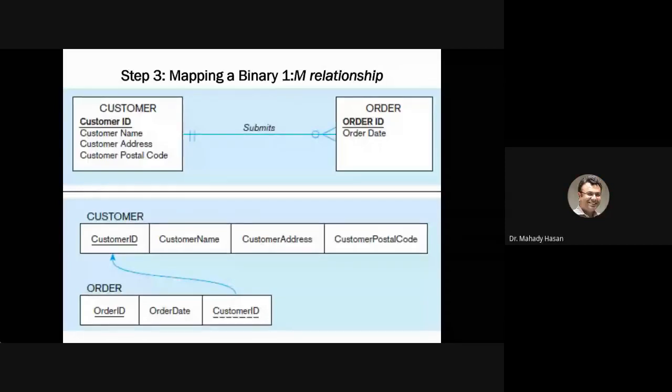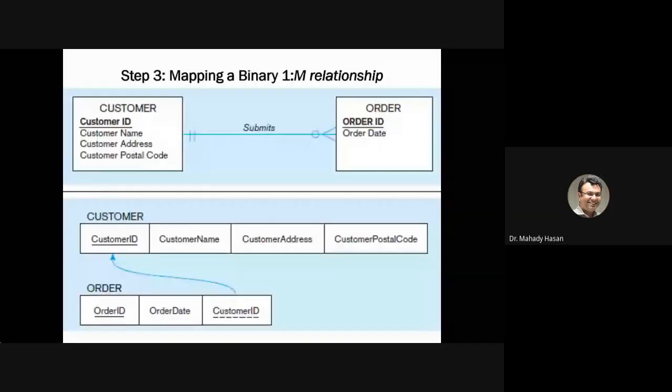So in case of one to many, now the rule: one side's primary key will move to the many side as foreign key. That is the rule. So what will happen then? Which one is the one side?